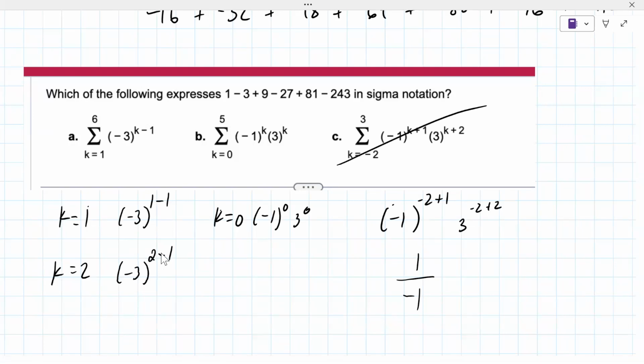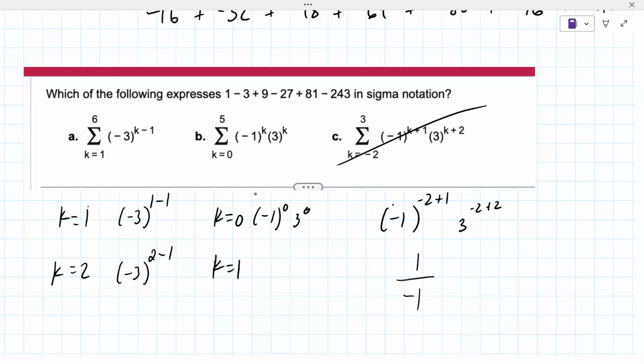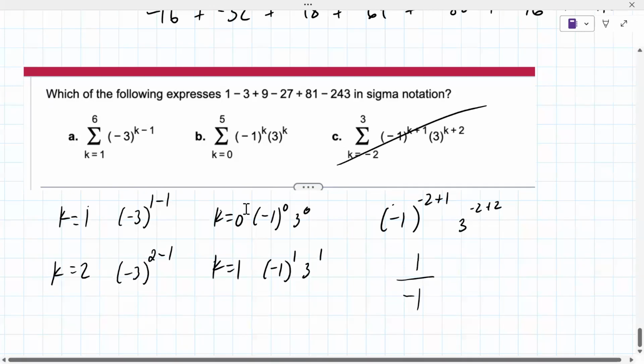Sorry, my brain is off today. So that worked. Now let's try k equals 1 on this one here. -1 to the 1, 3 to the 1. What did that become? -3. Yeah, so that's also working.